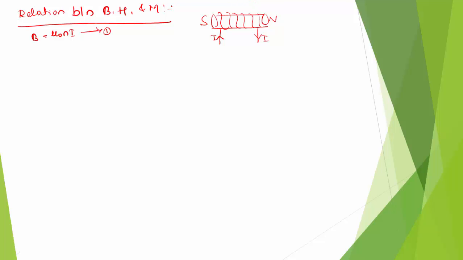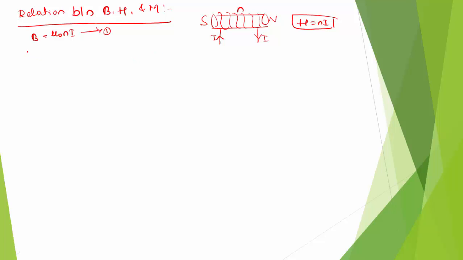H is equal to n into I. The product of the number of turns and the current flowing through the coil, the extent to which the magnetizing field can magnetize a material, is called intensity of magnetization. H is equal to n into I.